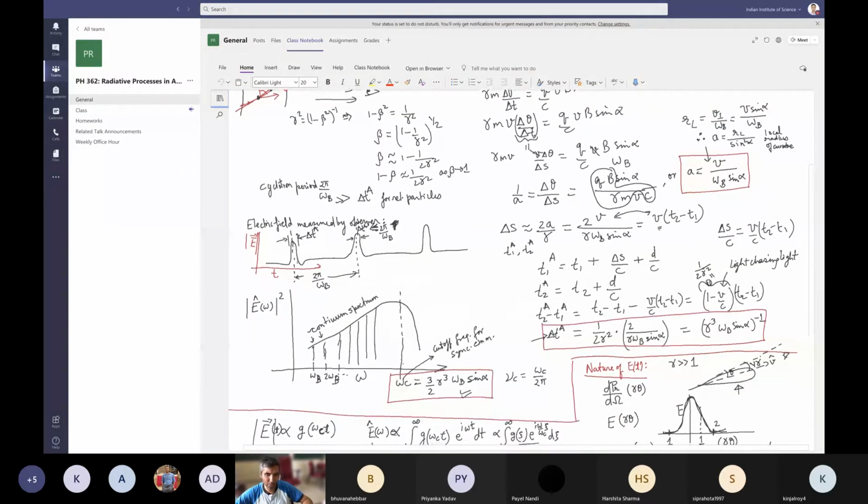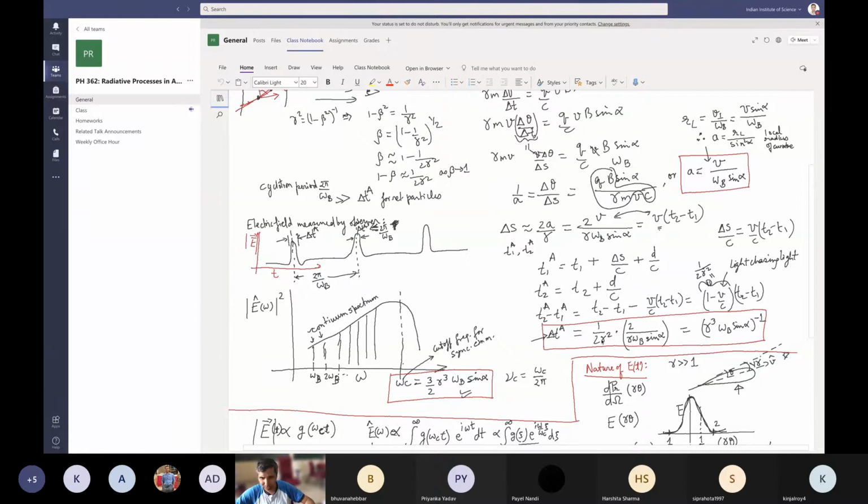Right, so this is the temporal signature: if you only see this part of the orbit, you see an intense pulse of very short duration, separated by the cyclotron orbit period, 2 pi by omega b. And this short duration is given by this here.